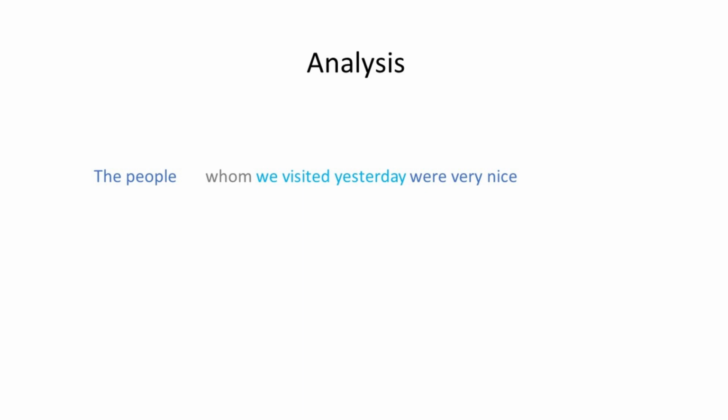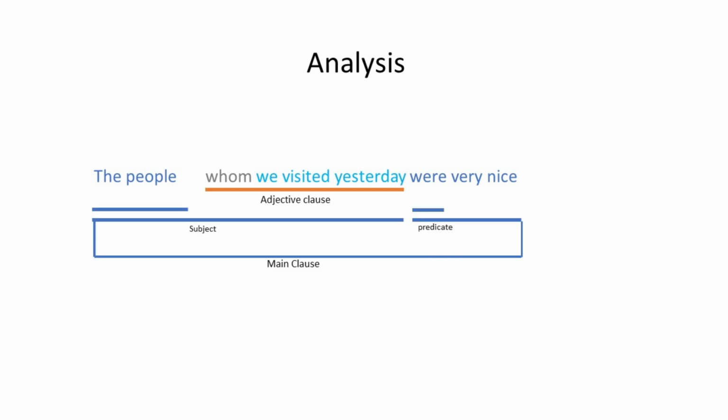The people whom we visited yesterday were very nice. The people were very nice is an independent clause, and whom we visited yesterday is a dependent clause as an adjective clause. The people is the main subject, were is the main verb. Meanwhile, whom is the relative pronoun and direct object. We is the subject of the clause and visited is the verb of the clause.